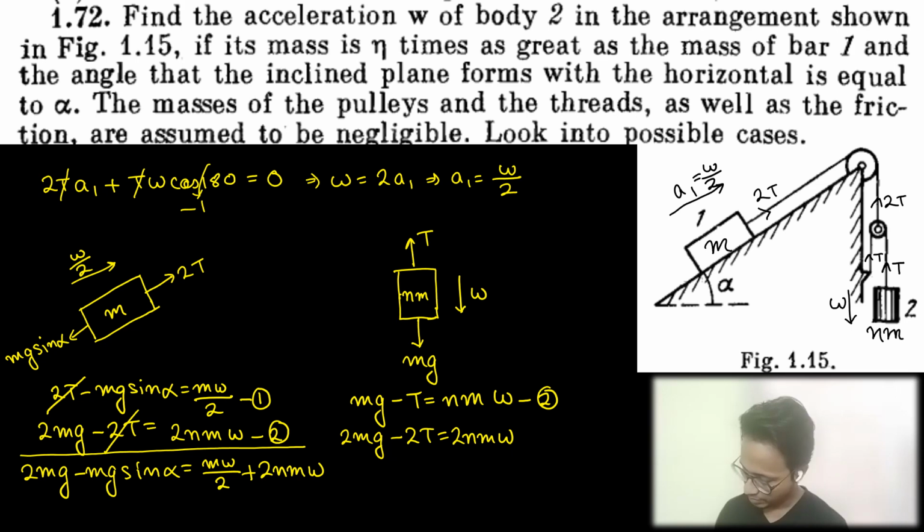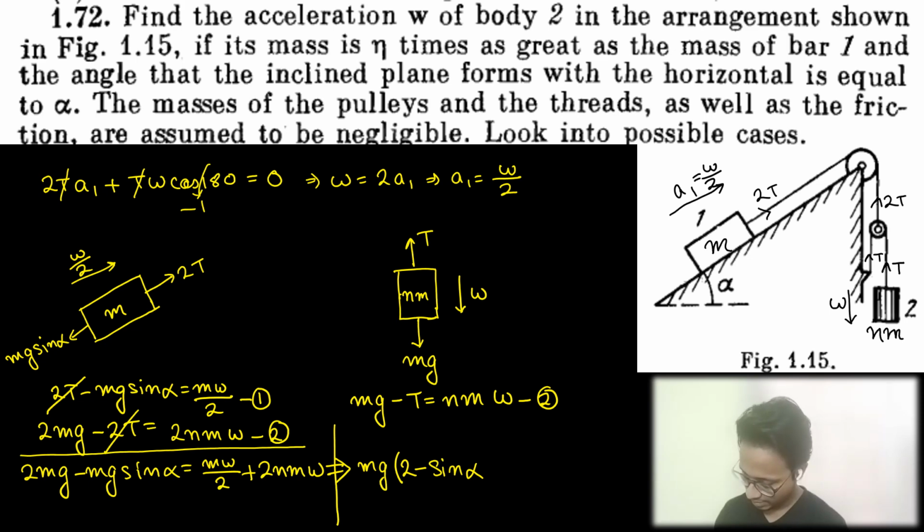I'm erasing this part, because the equation I already wrote here. Now, can I take mg common from the left hand side? If I take mg common, it would be 2 minus sine alpha.